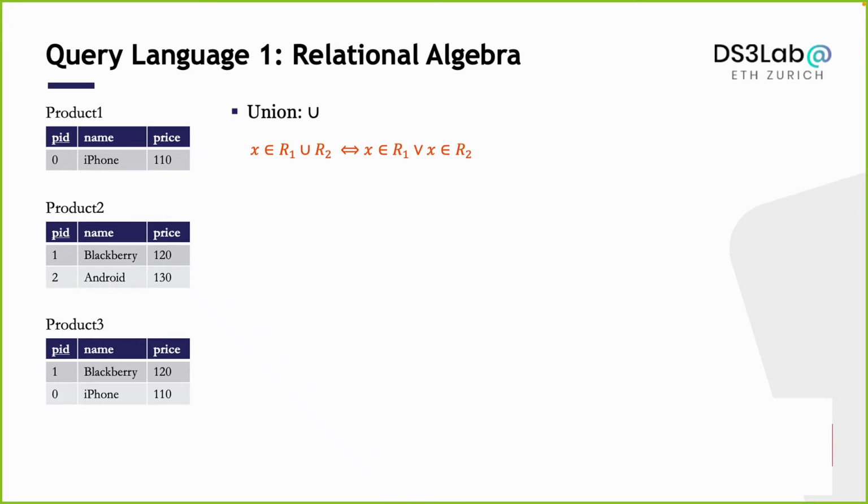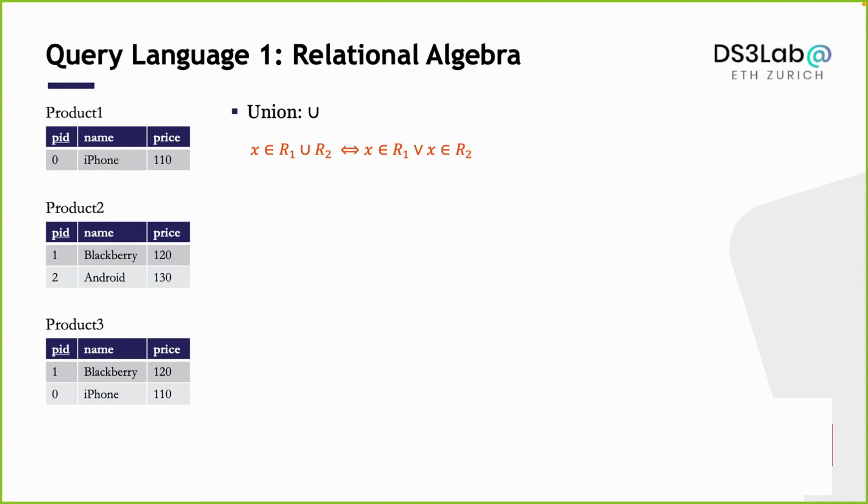We can formally define what union really means. If I have a query that looks like R1 union R2, what do we mean by some tuple being the answer of this query? That's something we can formally define. Right now you might think, why do we even go through this? A union of 2 relations of course contains all the tuples of both relations. But let's still define what the answer to a query is, because later on, when the query language becomes more complex, you will start to appreciate this formal definition.